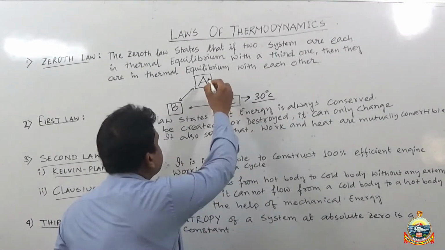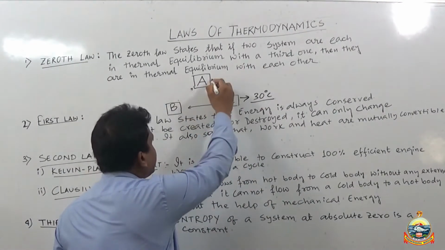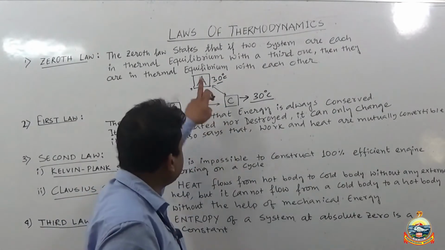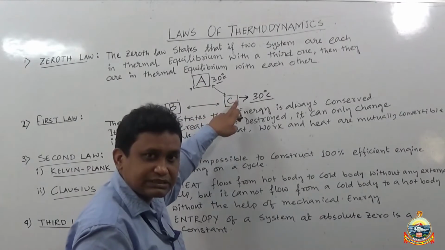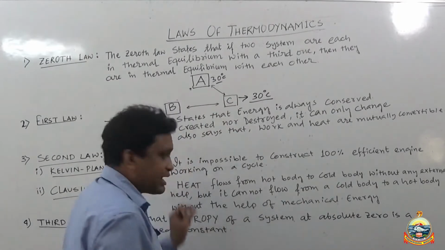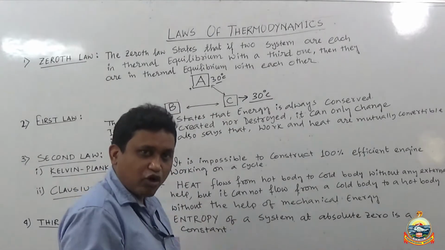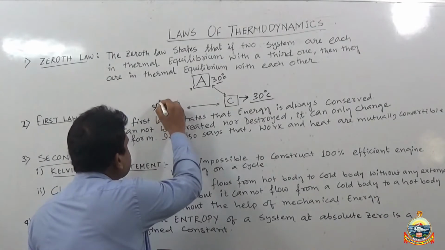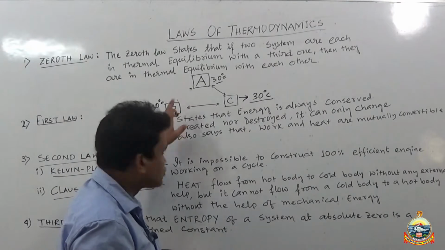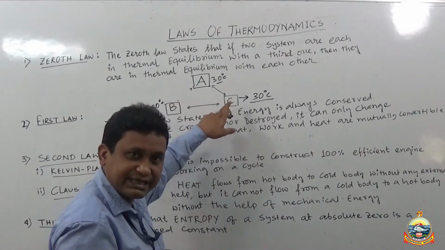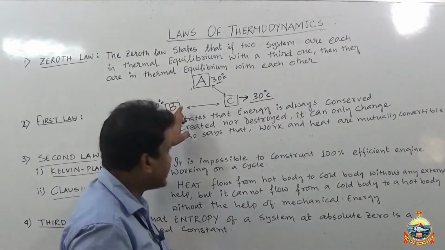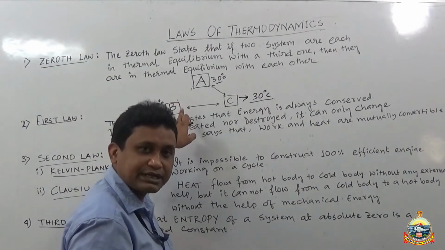Now if the body A also has 30 degrees centigrade, its temperature is equal to the temperature of the body C. And if we get another body, B, whose temperature is also 30 degrees centigrade, that means the temperature of B is also equal to the temperature of C, then we can say that A is also in thermal equilibrium with the object B.